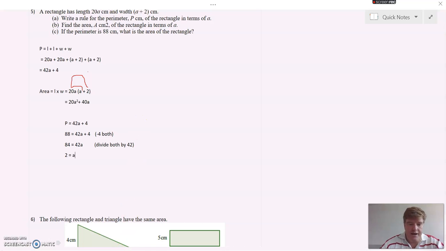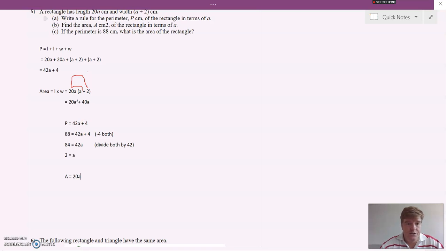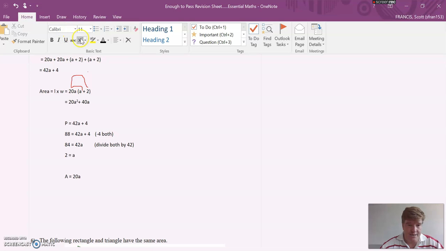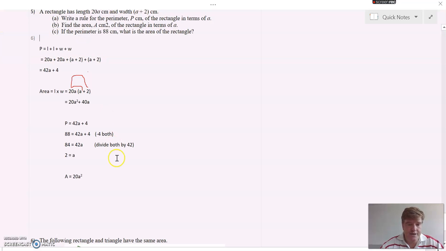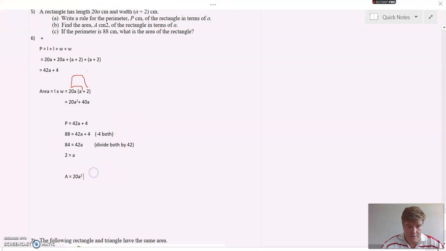So if we know that 2 equals a, we can also work out the area, because we've got a rule for the area. Area equals 20a squared plus 40a.